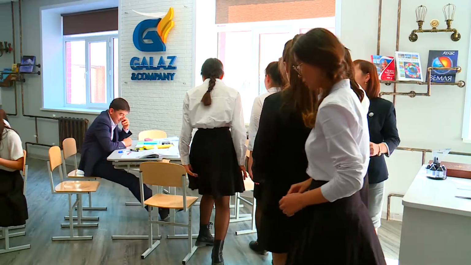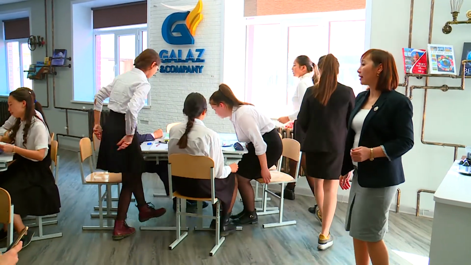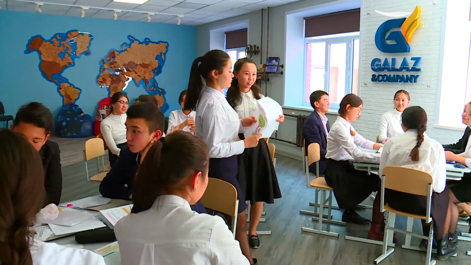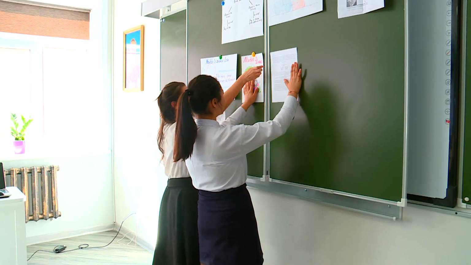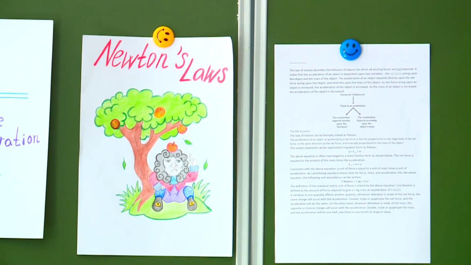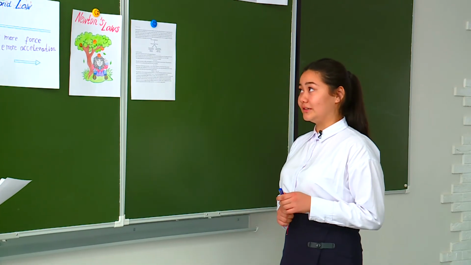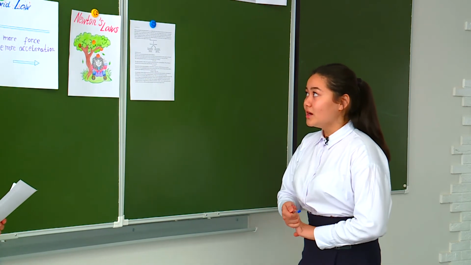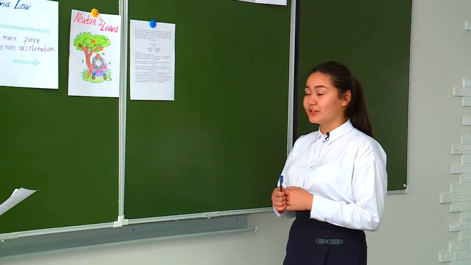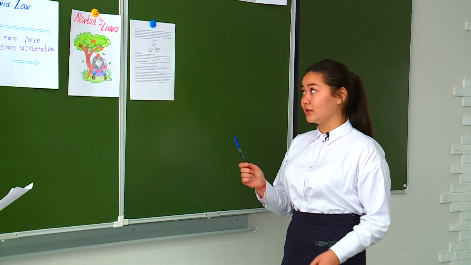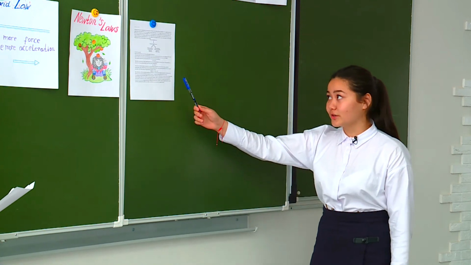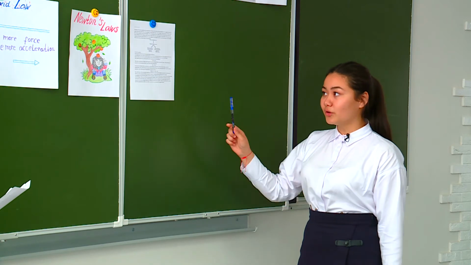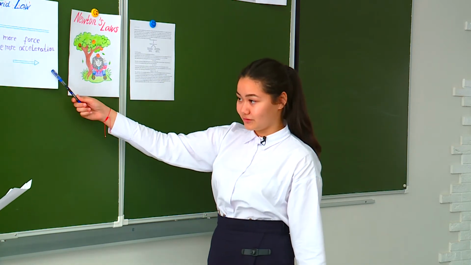Okay, thank you. Sit down, please. Good. Please, come on and present your posters. So the next law, Newton's second law, is about motion, about acceleration. The acceleration depends directly upon the net force. The acceleration depends inversely upon the object's mass, and the more force, the more acceleration.